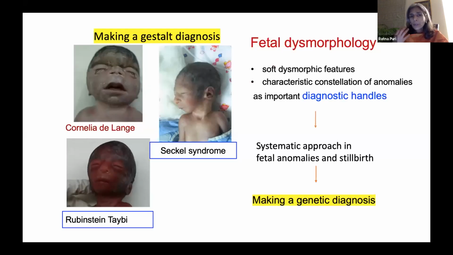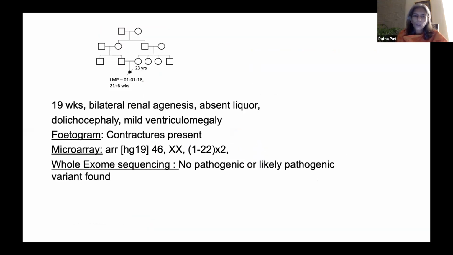So when we are doing an autopsy, we use the soft dysmorphic features, the typical constellation of anomalies as very, very key diagnostic tools. And through a very systematic approach, make a clinical genetic diagnosis. If you just send off testing without really having all these key features, it's very, very difficult to correlate at times what we get in the reports.